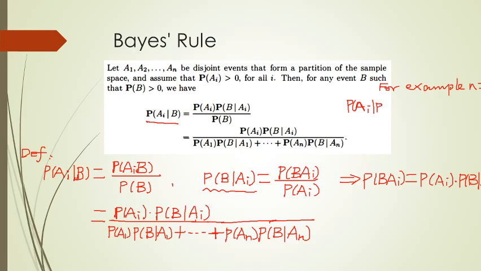So AI given B will be the probability of AI times the probability of B given the event AI, over the probability of B. What is the denominator? It will be PA1 times the probability of B given A1.